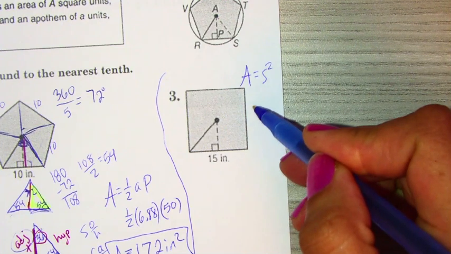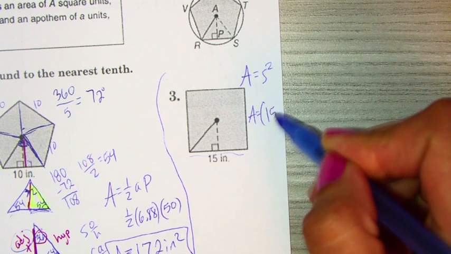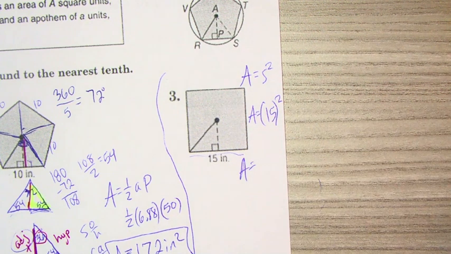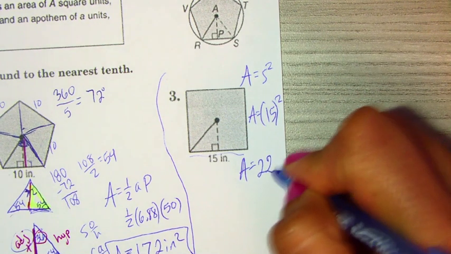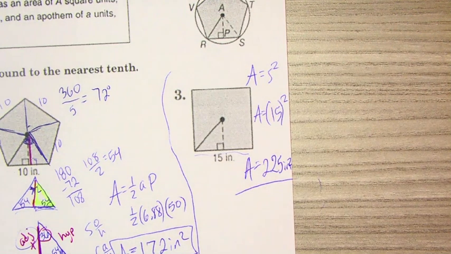And we can just look at the side as 15, so it's just 15 times 15, 15 squared. So the area for this would be, let me see, 15 times 15, 225. And that's it. That's the answer for that.